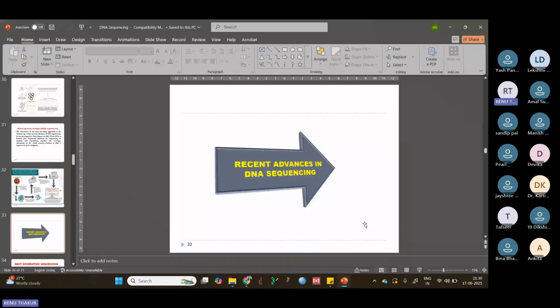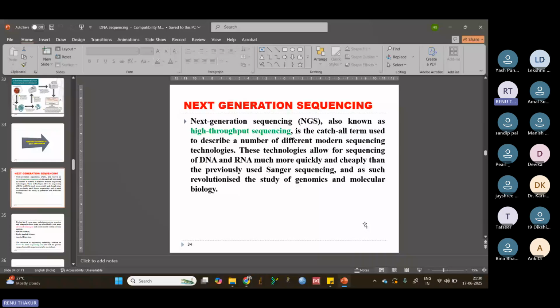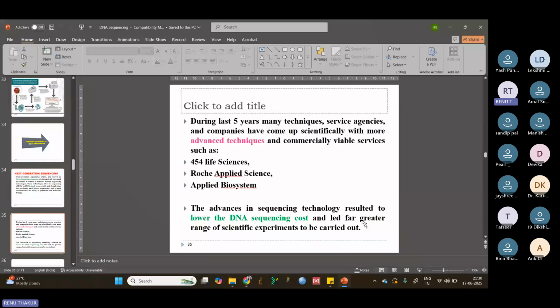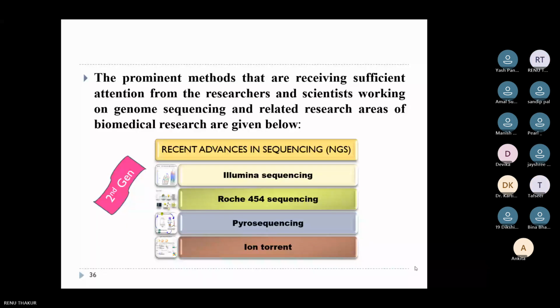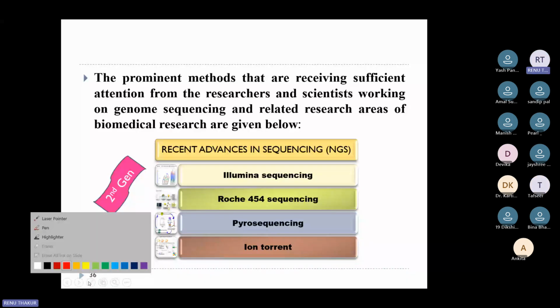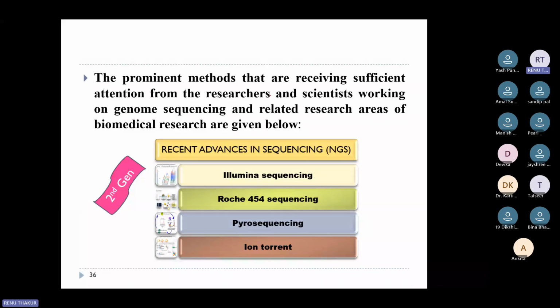We have next generation sequencing. These are the companies: 454 Roche and Applied Biosystems, Life Sciences. These are the variants, like we have so many generations. Whenever you read next generation, NGS, second generation, why are these terms added to sequencing?